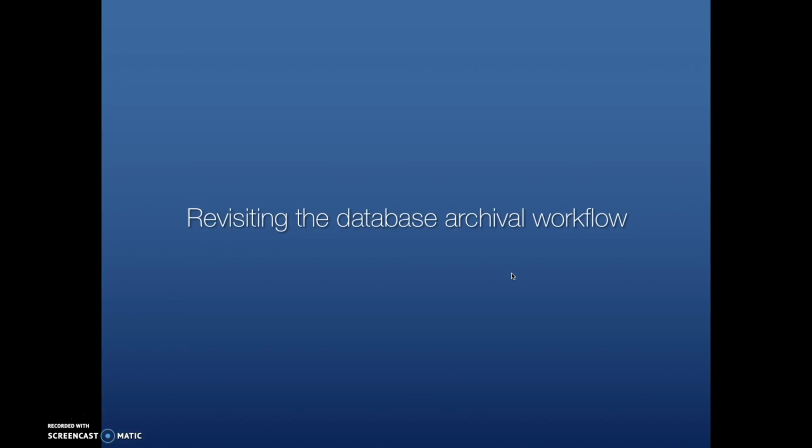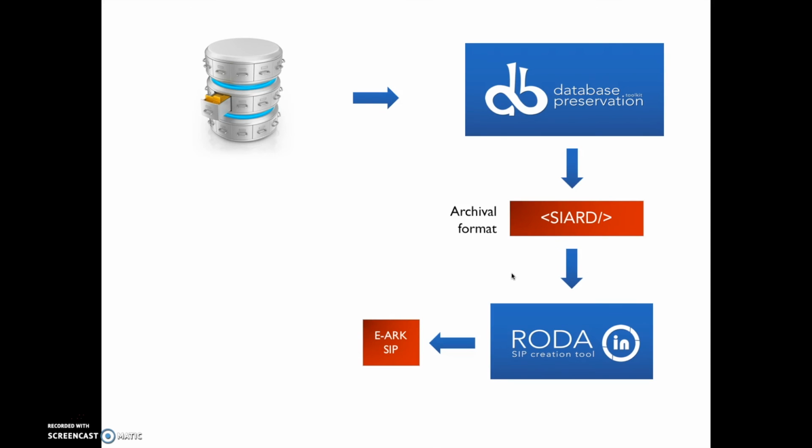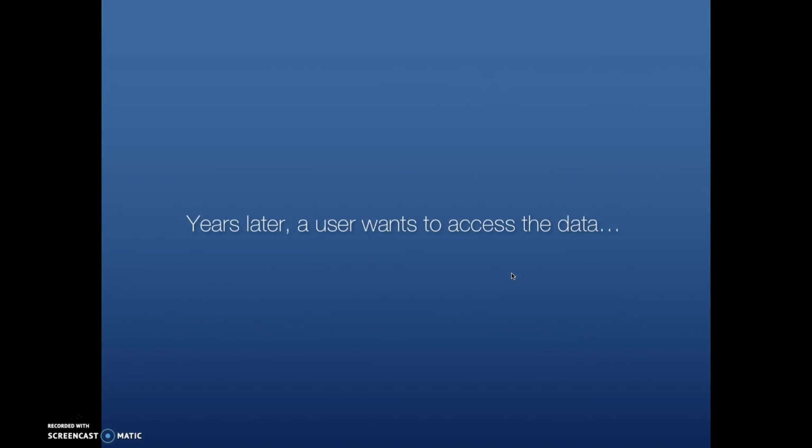So if you go back and revisit the database archival workflow, what you would do is you'd have the database, you take the Database Preservation Toolkit to generate the SIARD file, you take the RODA-in tool to create a submission information package, and you send it to the repository for preservation.